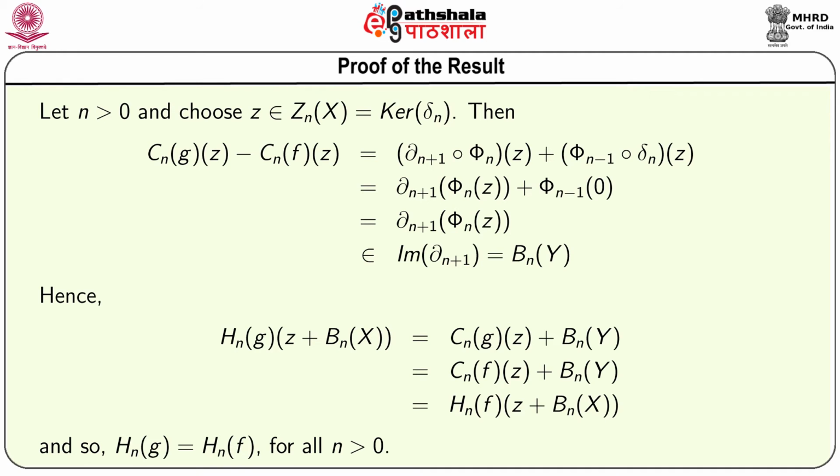Since z is in the kernel of delta_n, delta_n z is equal to 0, and therefore, this whole thing is equal to del_{n+1} phi_n z, proving that it is a member of the image of del_{n+1}. Hence, H_n g of z plus B_n(X) is equal to C_n g z plus B_n(Y), which is equal to C_n f z plus B_n(Y), and that is equal to H_n f of z plus B_n(X).